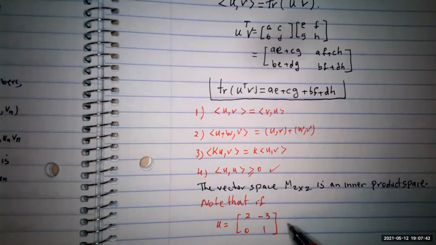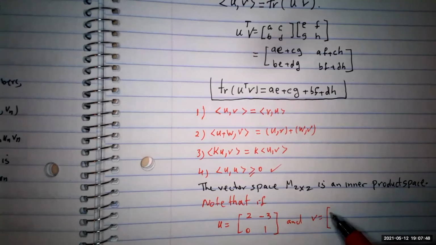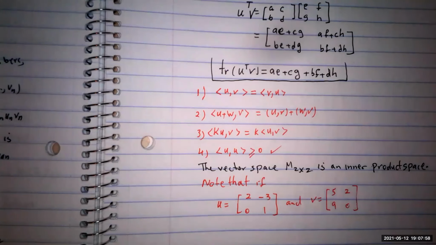If this is u and v is the other one, 5, 2, then 9, 0, you can find the inner product right away. You can memorize the formula or just do it. Maybe doing it is easier than memorizing that formula.